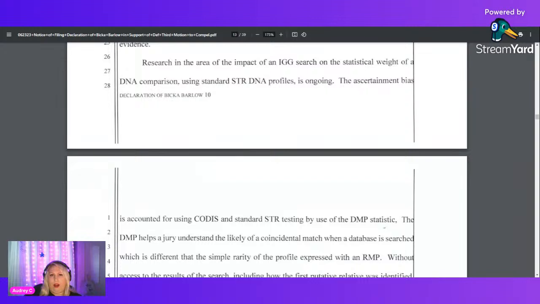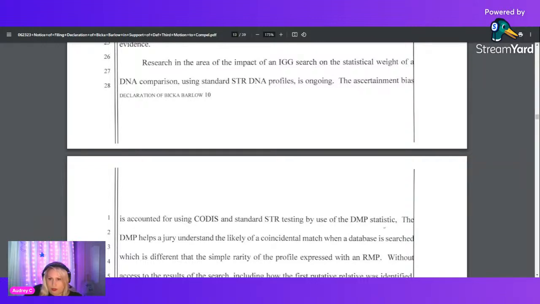Research in the area of the impact of an IgG search on the statistical weight of a DNA comparison using standard STR DNA profiles is ongoing. The ascertainment bias, which I think we learned a little bit about in that video we just watched, is accounted for using CODIS and standard STR testing by the use of the database match probability statistics.